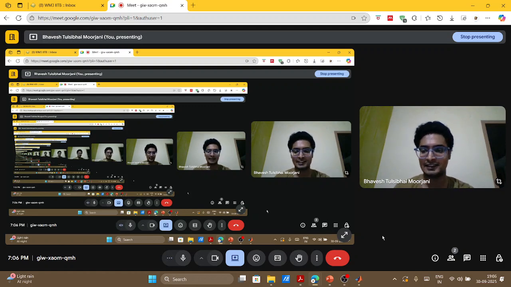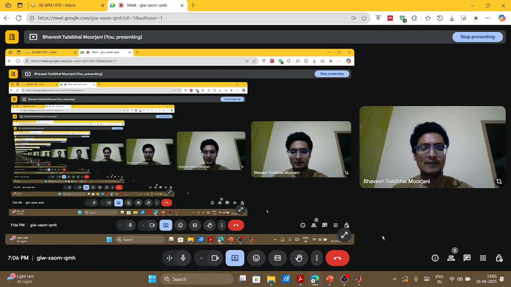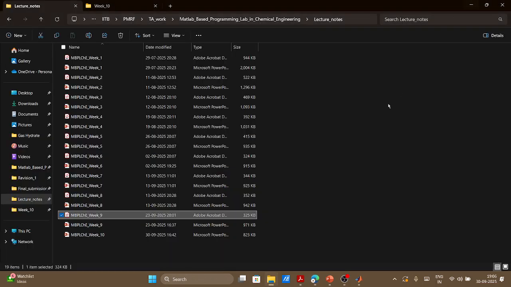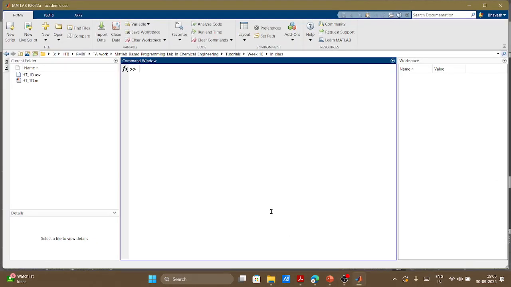I have taken some very basic problems where we will try to understand what each parameter means here. So the problem is clear: you have a circular disc, the top half is subjected to a temperature of 100 degrees centigrade and the bottom half at 0 degrees centigrade, and we have to find out the change in the temperature.